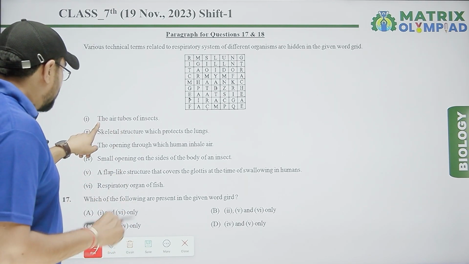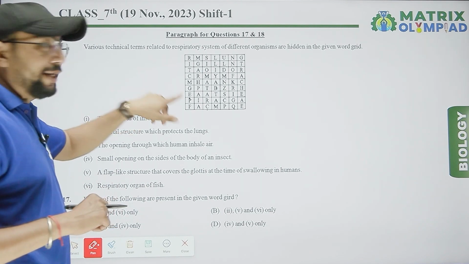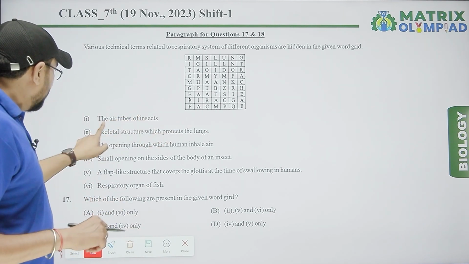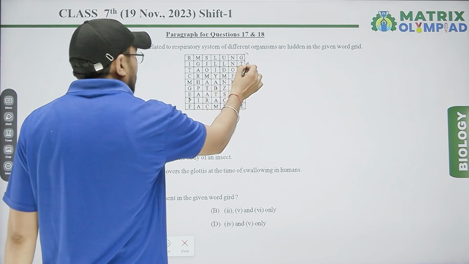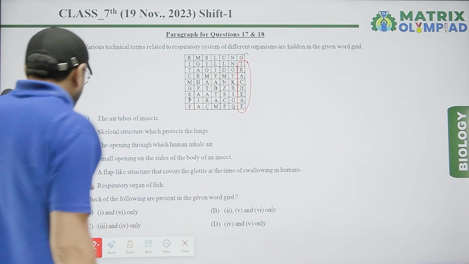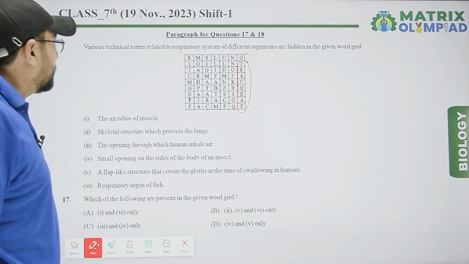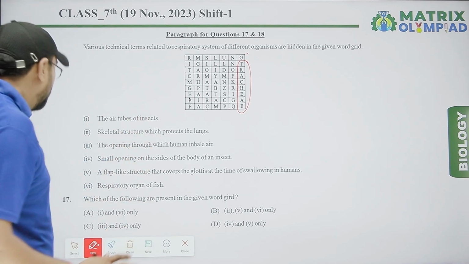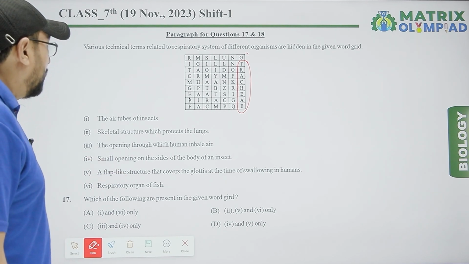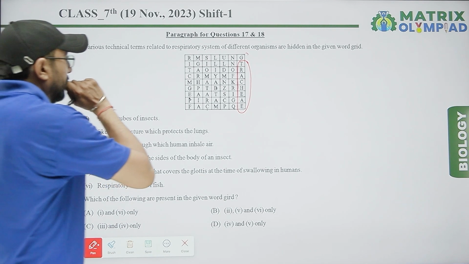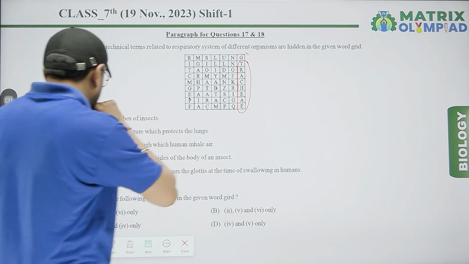Some terms are to be found from the grid. The air tube of insects, that is trachea, and the skeletal structure which protects the lungs are not included in this grid. The opening through which humans inhale air is not present in this.